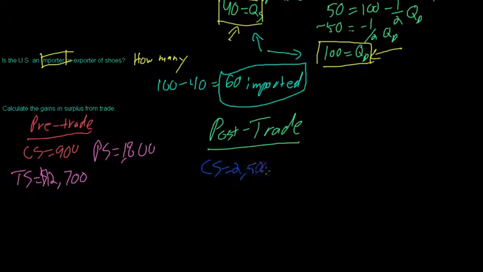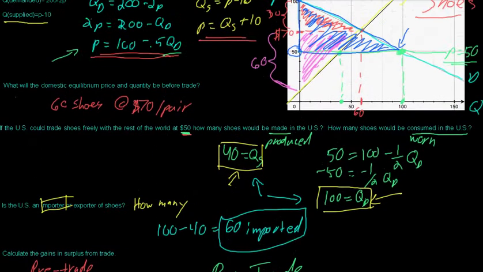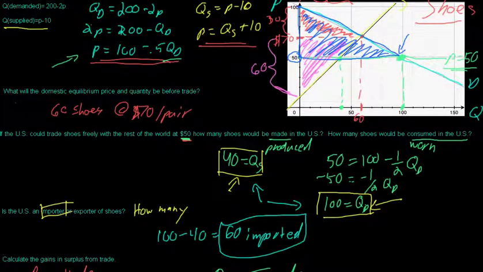If I'm calculating these a little fast, you can go back and check the math. It's just the area of these triangles that I'm drawing. And then because so many of these shoes are imported, domestic producer surplus is going to shrink a bunch, all the way down to this red triangle, because that is what is below the price and above the supply line for the amount that the producers in the US are actually producing.